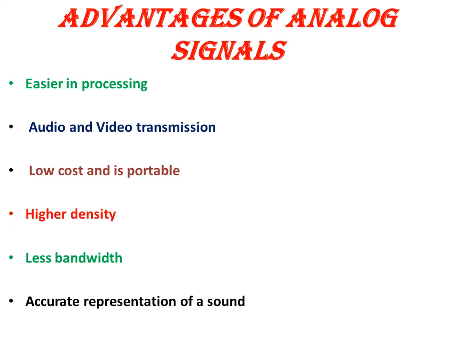It has a much higher density so that it can present more refined information. It is not necessary to buy a new graphics board. It uses less bandwidth than digital sound. Further, it provides a more accurate representation of a sound, and it is a natural form of sound. So some disadvantages are also there.